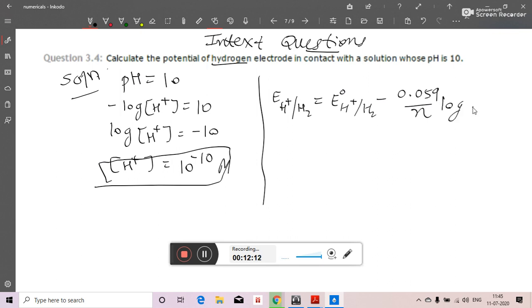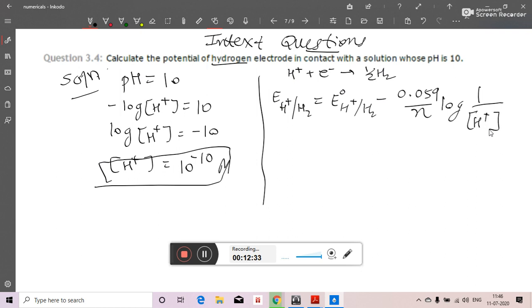Now what is the reduction reaction of hydrogen? H plus plus electron gives half H2. So here on the right hand side no ion is there, so it will be 1. And on the left hand side 1 H plus ion is there, so in the square bracket H plus.